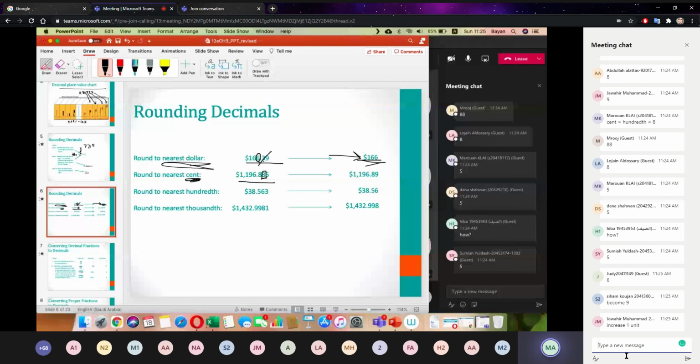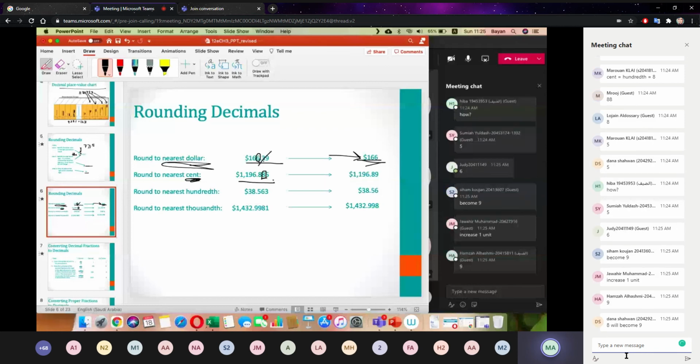Yes, we increase it 1 unit because 5 is equal to 5. The 8 here will become 9. So the answer will be 1196.89 because the cent is the hundredth.